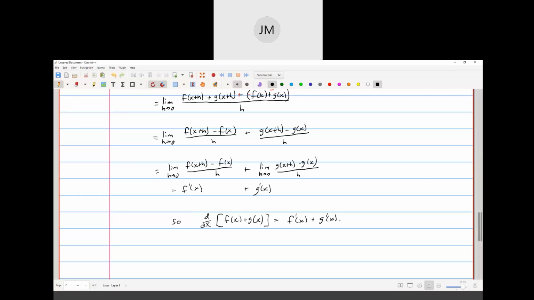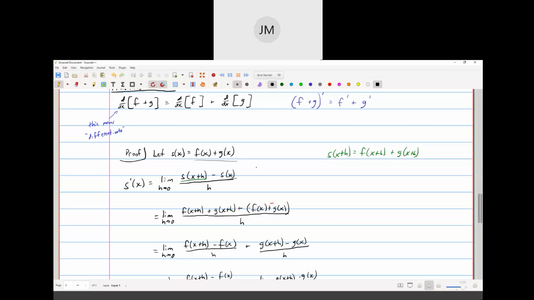Okay. All right, now I'm going to make a big giant leap and say, if you're subtracting, the exact same thing happens. And there's almost no difference in the proof.